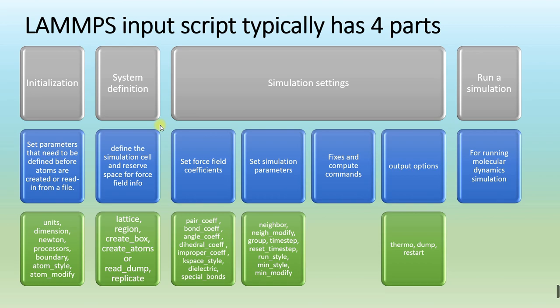In the initialization part, we generally define things that are necessary to be defined before atoms are created or read from a file, maybe a file generated from other software. We will see in a coming slide how exactly we define these things, but for now let's understand what the main parts of a LAMMPS script are. The second section of the LAMMPS script is system definition.